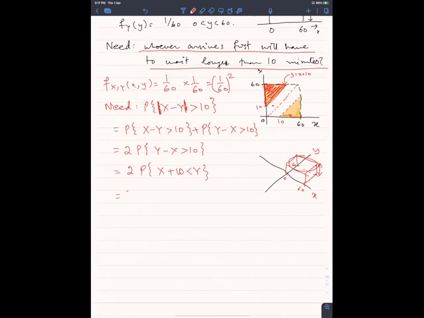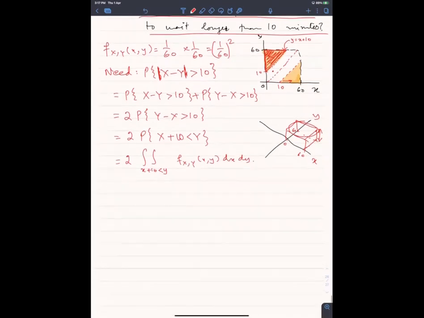So that means this would be equal to the integral over x plus 10 less than y of the joint distribution of x and y, dx dy. So this would be equal to 2 times the integral.